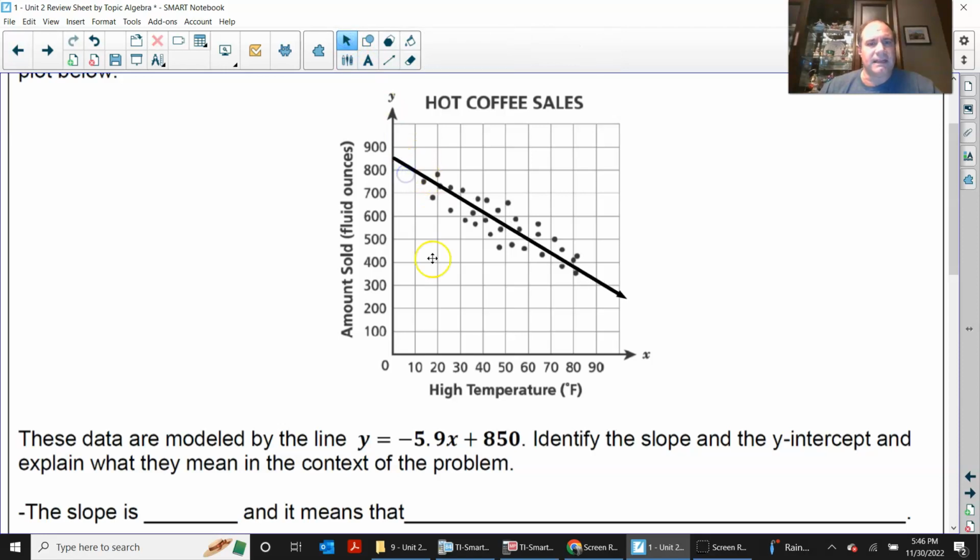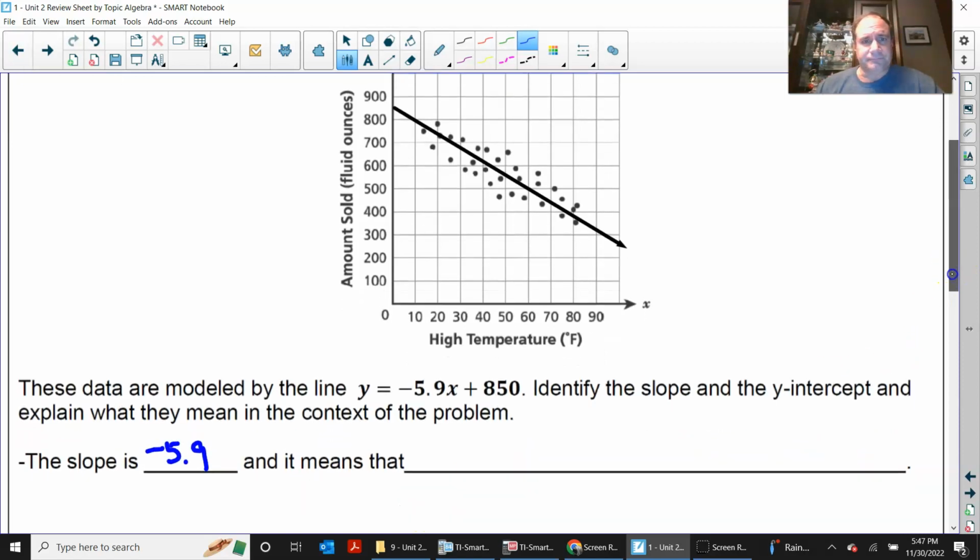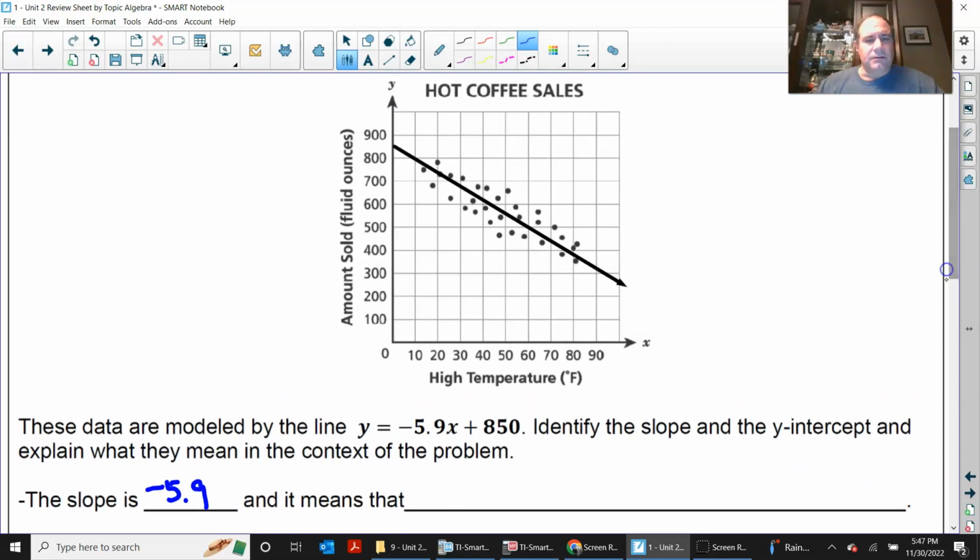Down further at 850, you see that it goes down and it's negative. So the slope is negative 5.9 fluid ounces, and it means that the coffee sales are obviously decreasing as the temperature goes higher. All right.